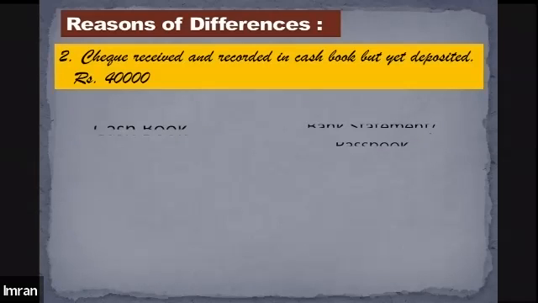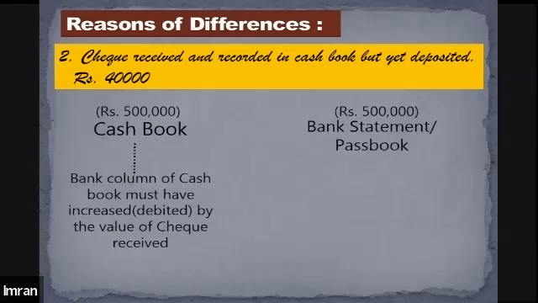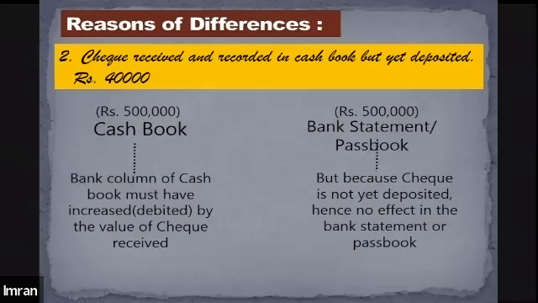Okay, now see, let's suppose at the start of the month, both the bank's passbook balance and the cash book balance are the same. But during the month, we receive a cheque. As soon as the cheque has been received, the bank column of the cash book is increased, that means debited by the value of the cheque received. On the other hand, because the cheque is not yet deposited, no effect in the bank statement or passbook will take place.